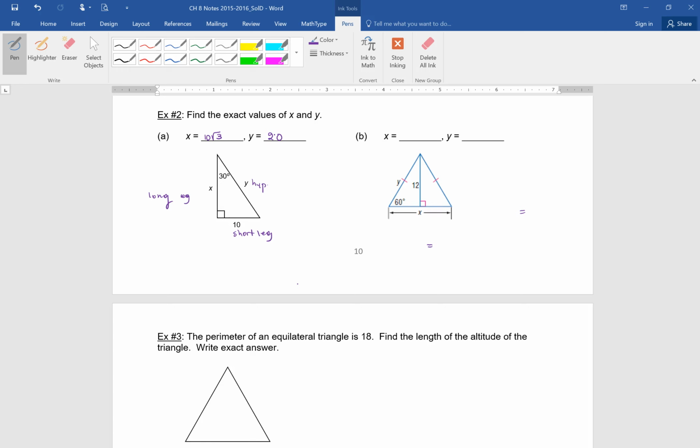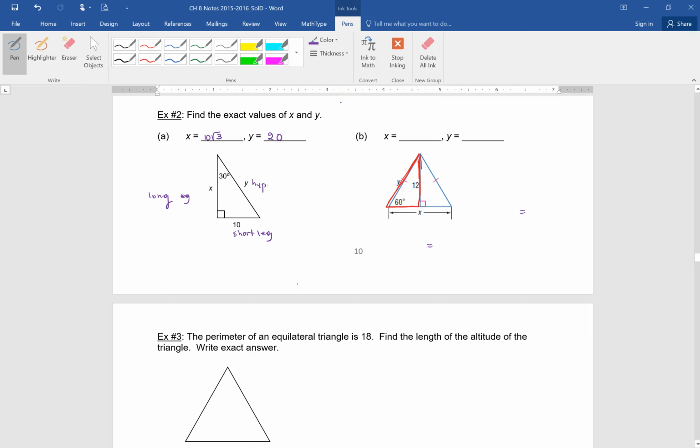Okay? Look at this one. X is this entire thing. So let's just identify the triangle first that we can work with. This is a triangle that we can work with. All right? So of the 3 sides, which one is the 12?